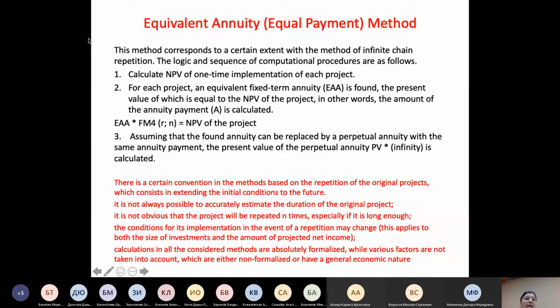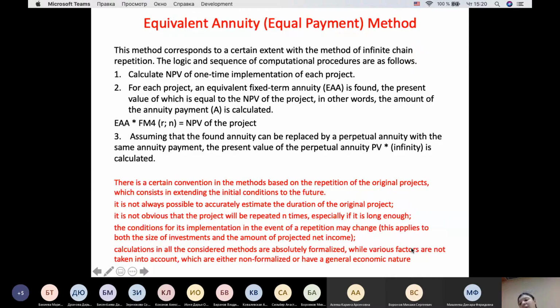In this case, first of all, we have to compare the values of our equivalent annuity, and the project which is associated with a higher level of equivalent annuity will be chosen in practice. Perhaps you can calculate the present value of the equivalent annuity, and compare the present values to choose the best project.